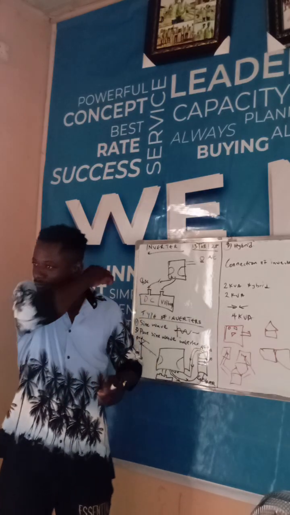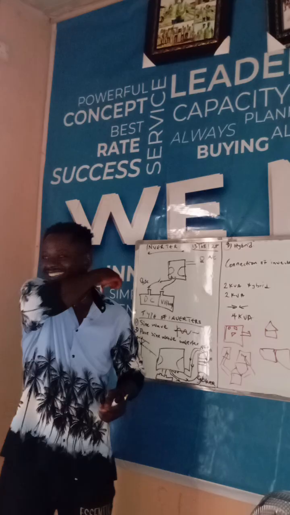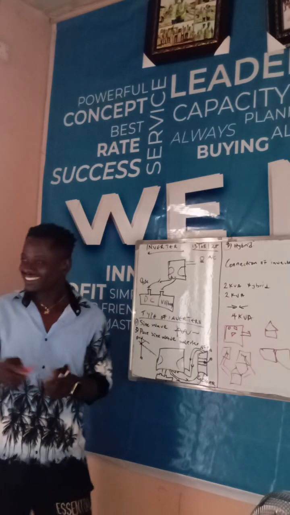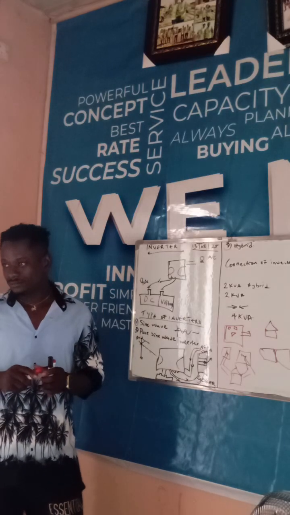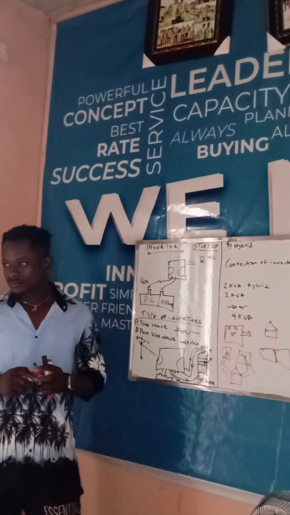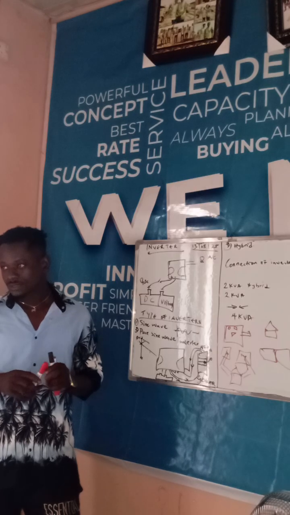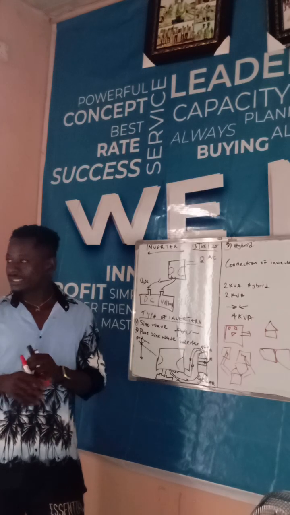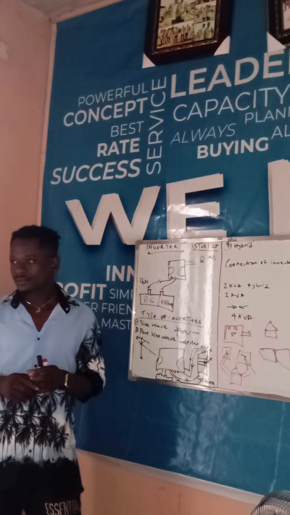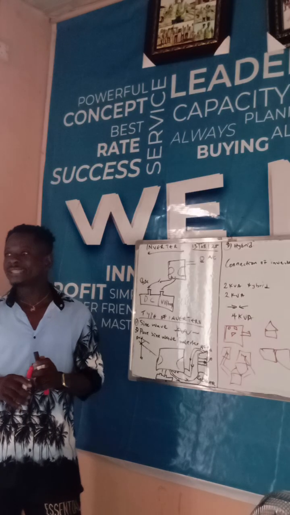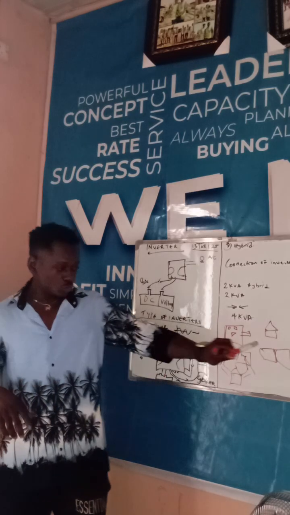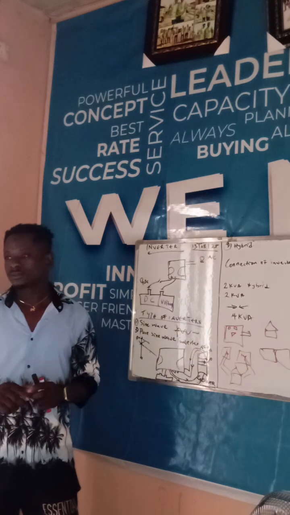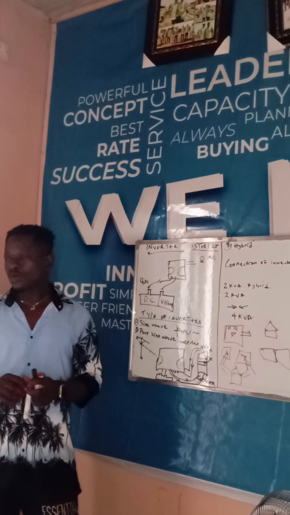But I want to ask something. With load separation, will you still connect the two inverters together in parallel, or do you connect them differently? When you do load separation, you connect everything differently. You will not join the two inverters together. The only thing that can make you join the two inverters is when you want to do this parallel connection. And in that one, all the load will be the same.